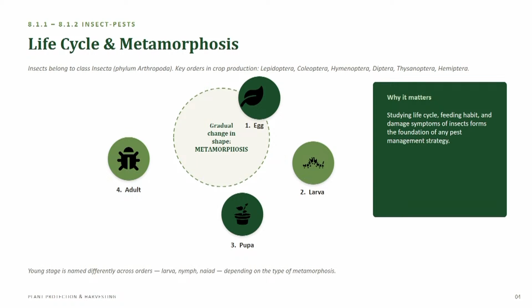Why is understanding the life cycle important? Particularly the larval as well as the adult stages are harmful, or these stages of insects can cause damage to the crop plant.